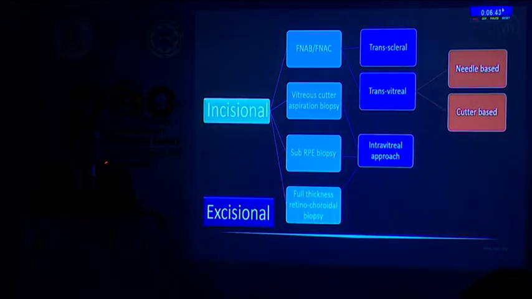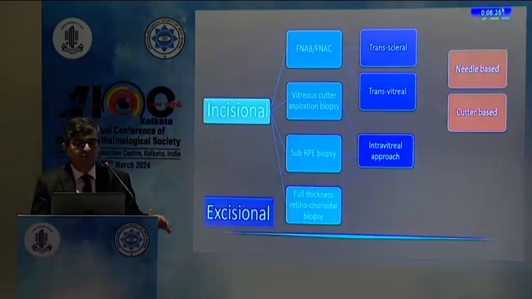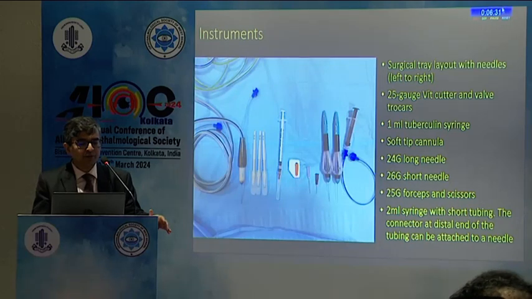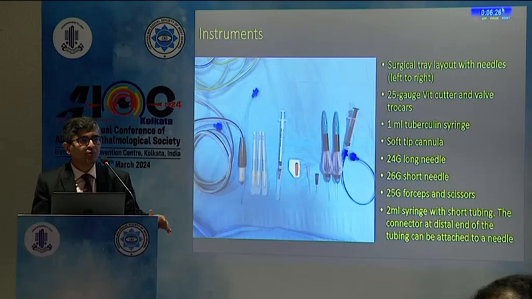From the scope of this presentation, I'll be limiting myself only to incisional biopsies, and particularly to sub-RPE and full thickness retinochoroidal biopsies, which can be achieved using an intravitreal approach. Before we jump into the cases and the procedure itself, it is very important that you know what instruments we need to have.